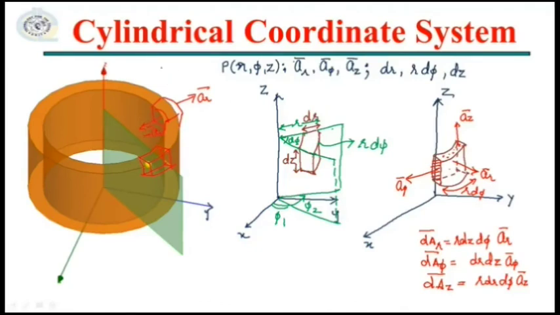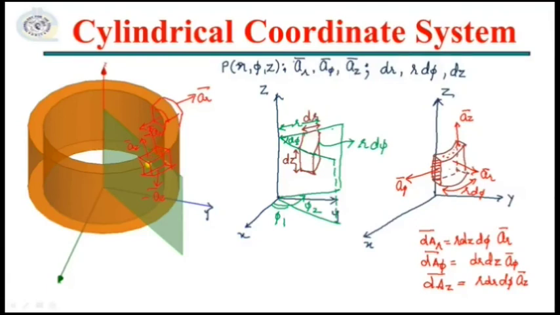Likewise, if I consider the same face again, let me go back to here. If I consider the dotted surface where z is constant, then I can define a z bar, and when I consider the lower one, it will be in the direction of minus a z bar.